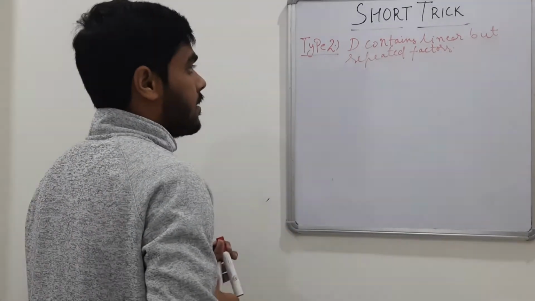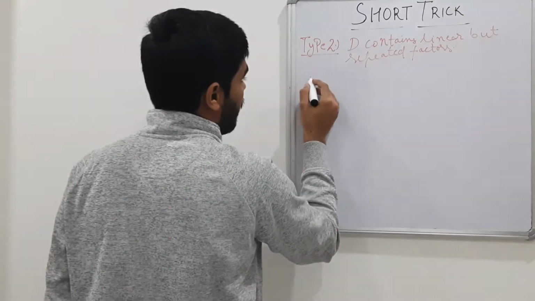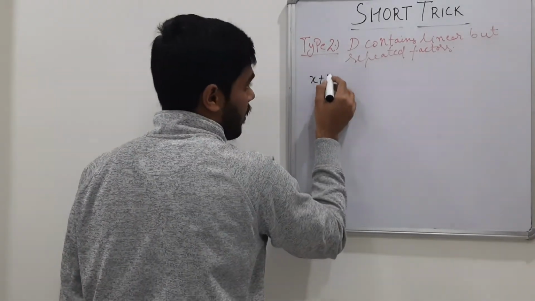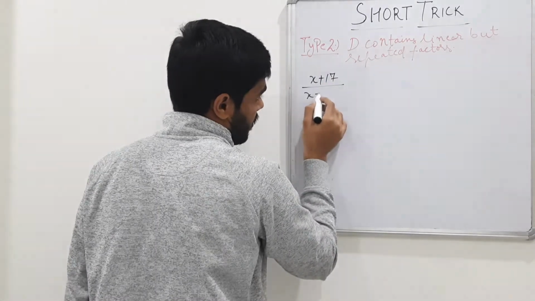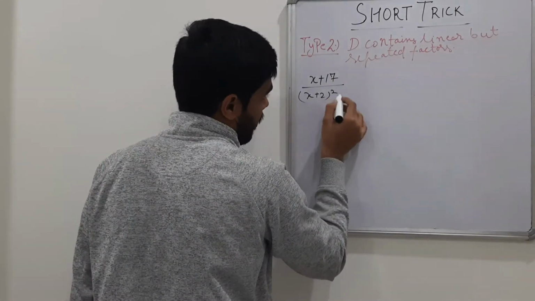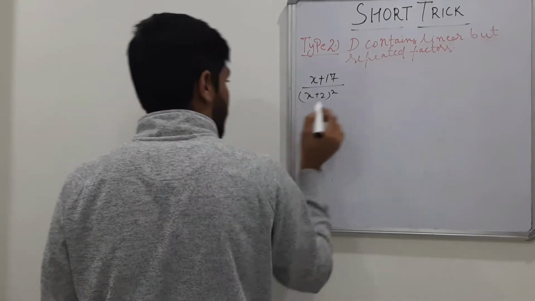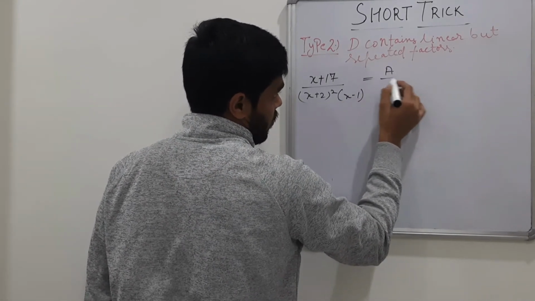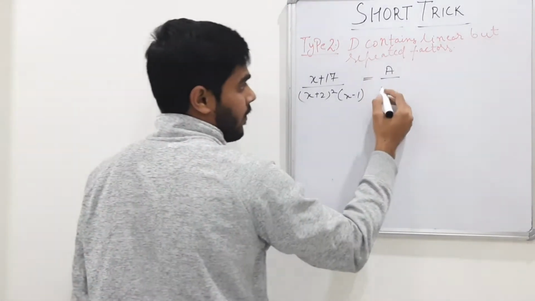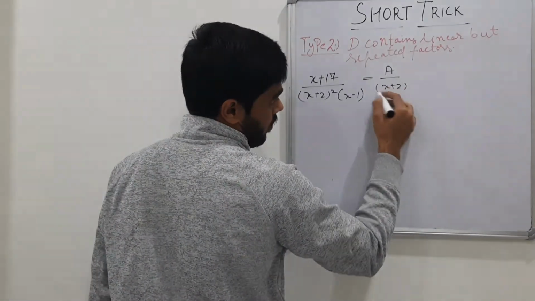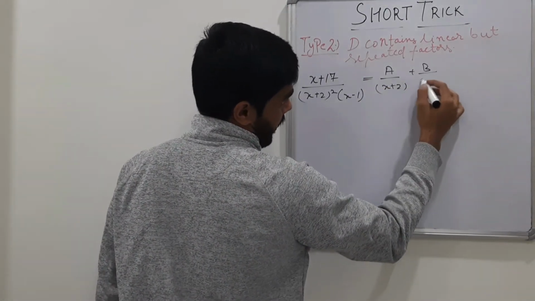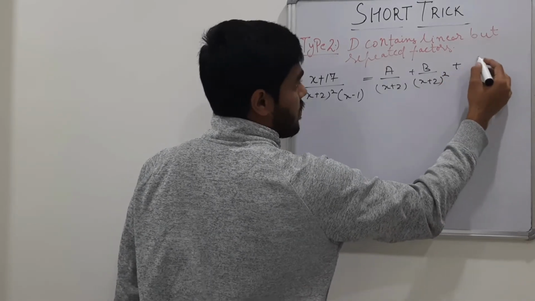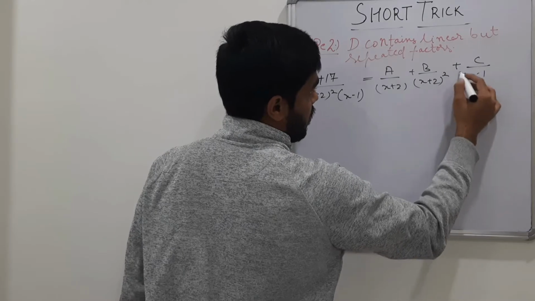The question for this is (x + 17) upon (x + 2) whole square and (x - 1). This is written in the form: a upon (x + 2), plus b upon (x + 2) whole square, plus c upon (x - 1).